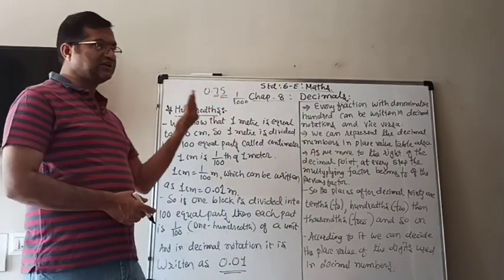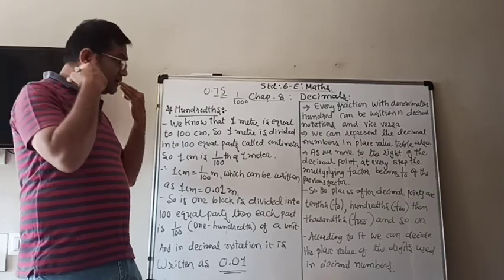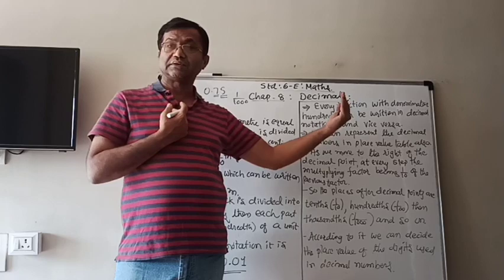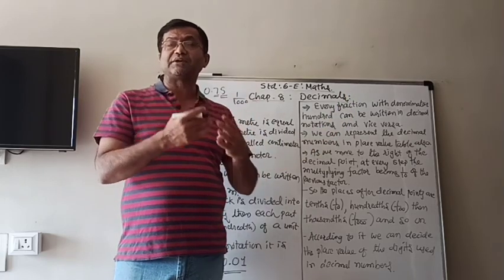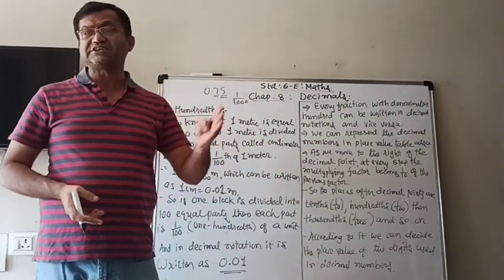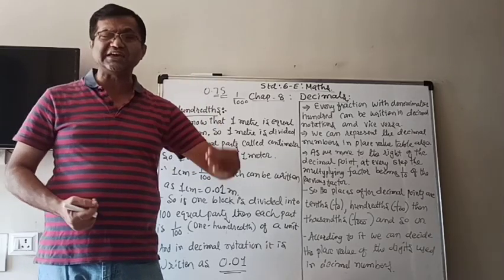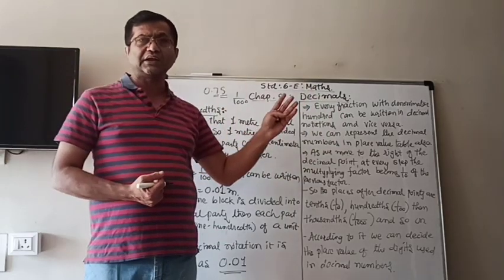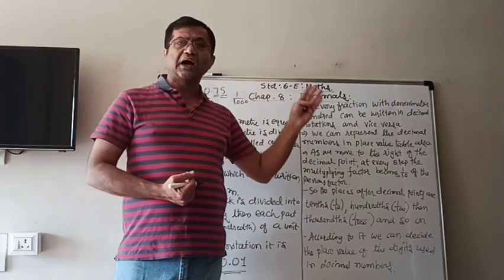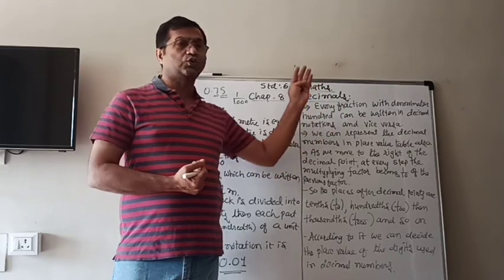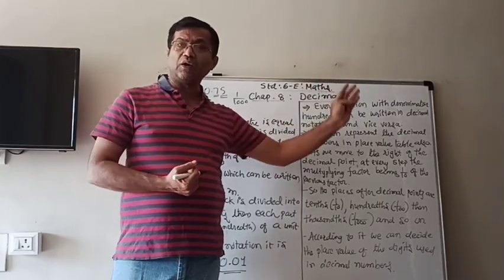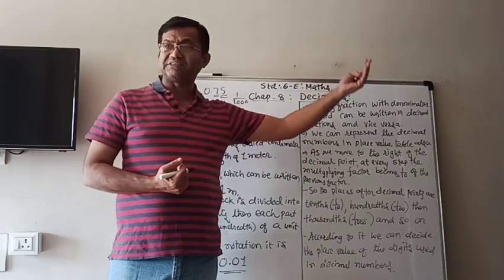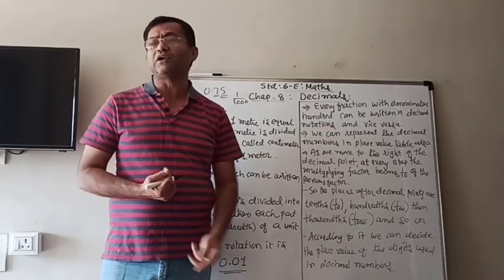As we go this side, it becomes 10 times. But if you go from left to right, the multiplying factor becomes 1/10, meaning it is divided by 10 at each step. From 10,000 to 1,000, 1,000 to 100, 100 to 10, 10 to 1, now 1 to 1/10, 1/10 to 1/100, 1/100 to 1/1000, and so on.